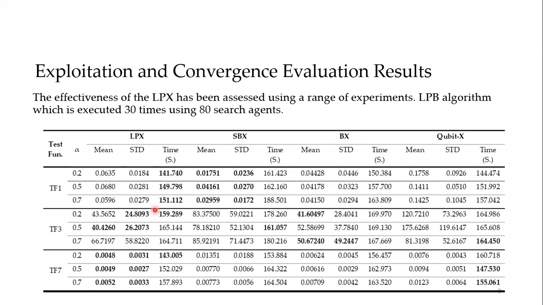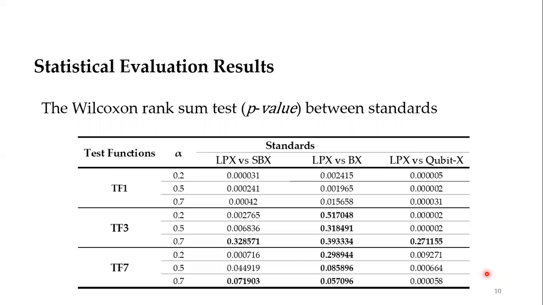So for the minimization problem, again, LPX outperformed, and you can see the results are very good and promising, except here, where QubitX performs better with TF and alpha 0.5 and alpha 0.7. So these two bold digits are better than our LPX.